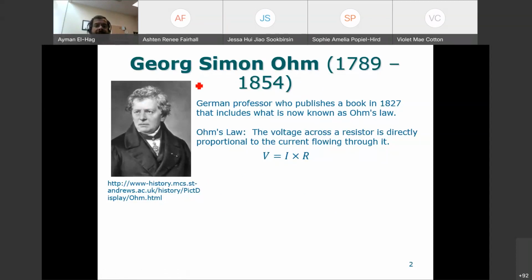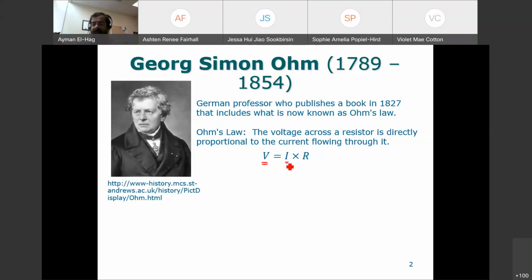So Ohm was a German professor who published a book in 1827, and he includes what we call Ohm's law. You can say this is the foundation of electrical engineering. It relates the most important quantities, which are the voltage and the current.